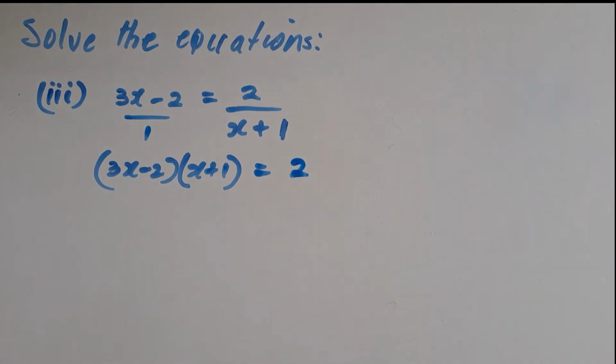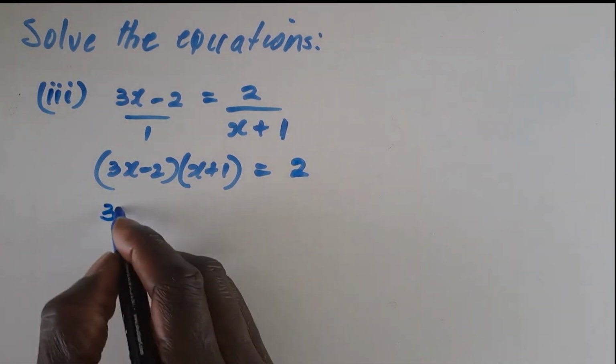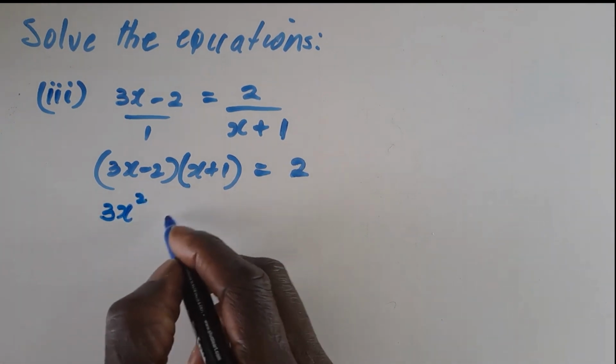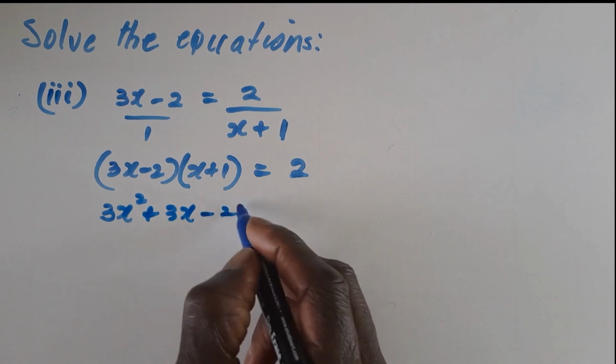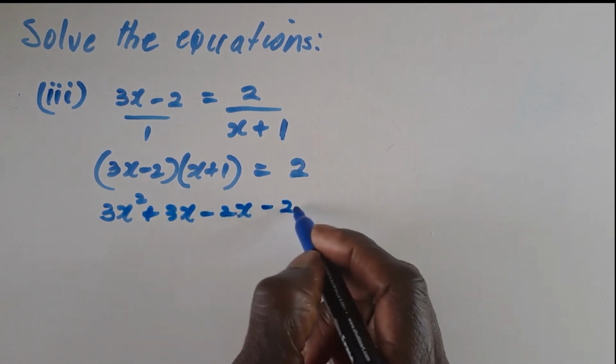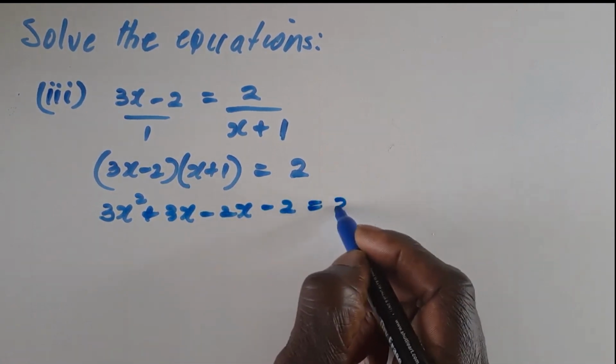Now we'll clear the brackets, and then we might see something a bit simpler, possibly a quadratic, as I can guess. We have 3x squared add 3x minus 2x minus 2 is equal to 2.